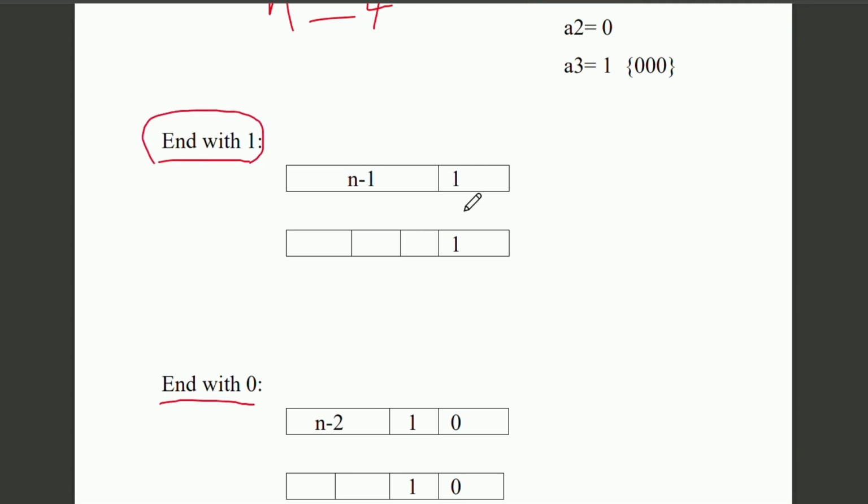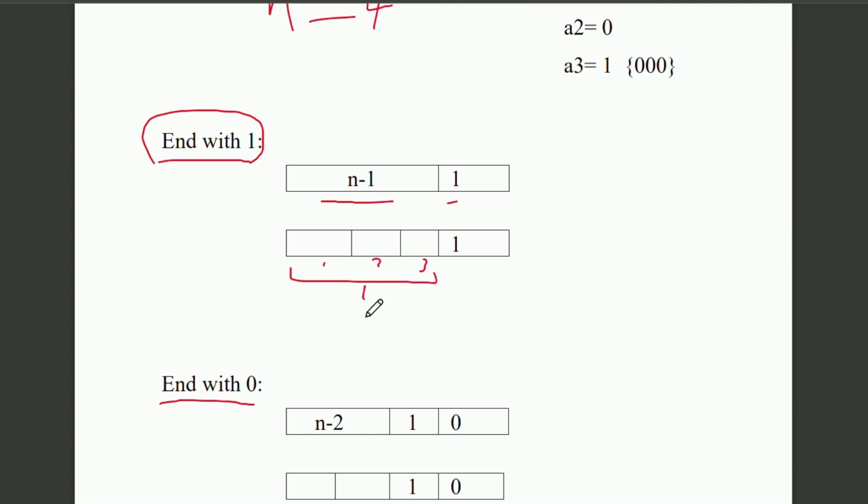Now we can see that the last bit is 1, and so there are the remaining n minus 1 bits in front of it. That's why there are 1, 2, 3 empty spaces in front of this last bit. Now we have to find the possible outcomes that these first 3 bits give us the 3 consecutive zeros, as the question wants us to find.